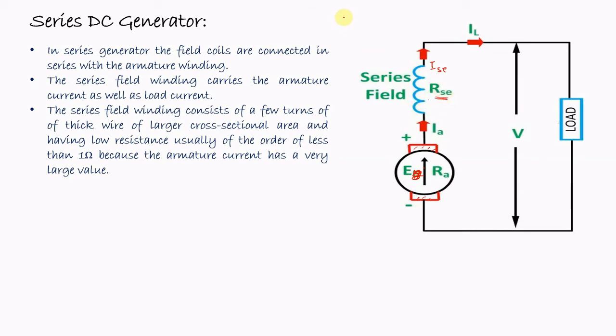Otherwise, there may be I squared R loss in the field winding, and there will be a voltage drop also, that is I into Rse drop. So to remove this loss or this voltage drop, the resistance should be as low as possible in case of the series field winding.